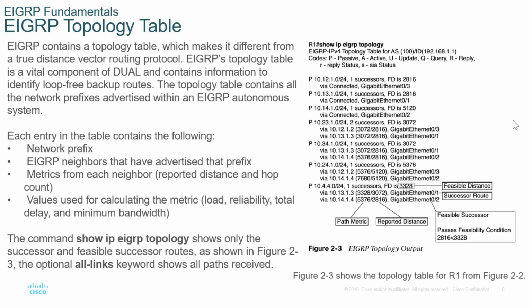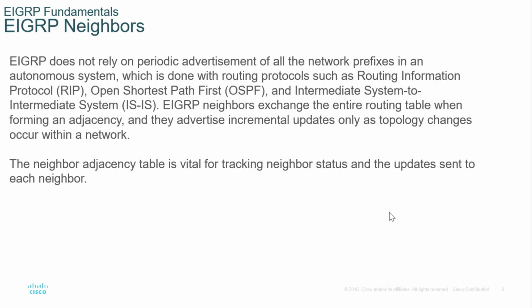So, topology table ni adalah sangat essential untuk EIGRP buat dia punya calculation. So, sebelum dia buat calculation ni, sebenarnya dia berkenalan dululah dengan neighbor dia. Nanti kita tengok proses untuk form neighbor relationship, but dia maintain these neighbors dalam the neighbor table like I mentioned before. Okay, dan satu benda yang differentiate EIGRP dengan routing protokol yang lain adalah EIGRP does not rely on periodic advertisements of network prefixes. Maksudnya dia berkenalan dengan router sebelah.